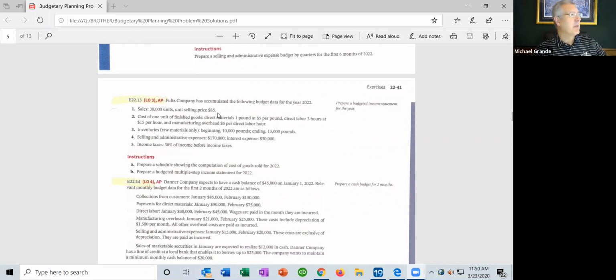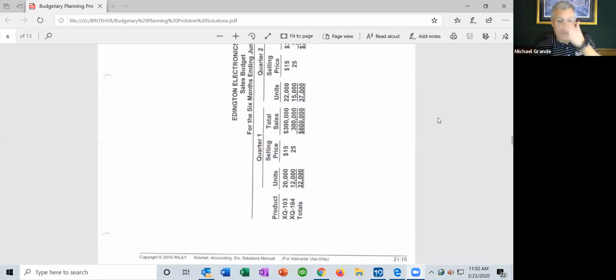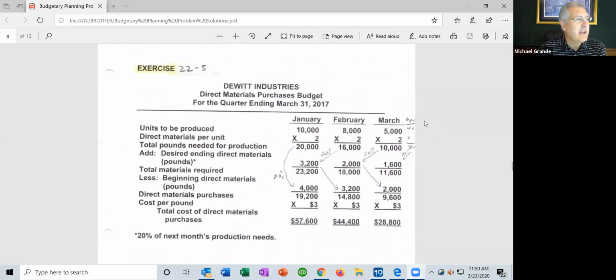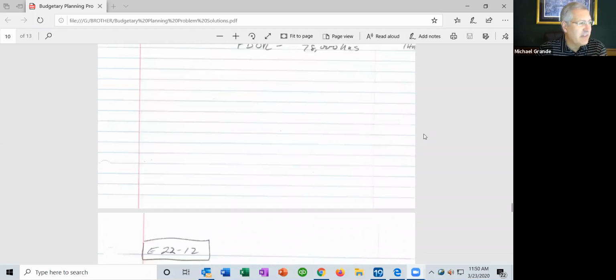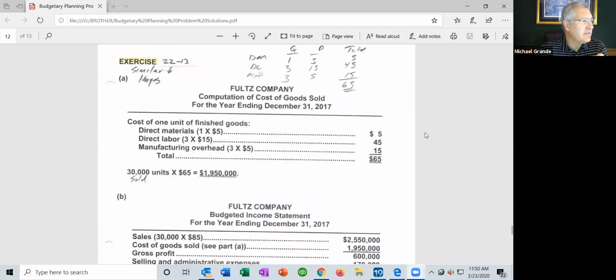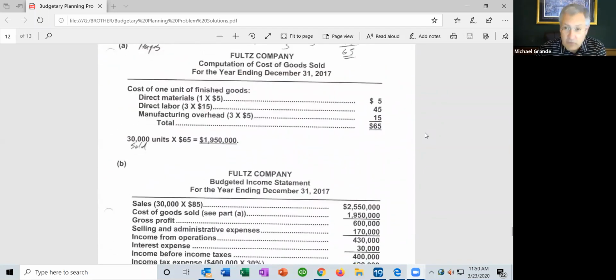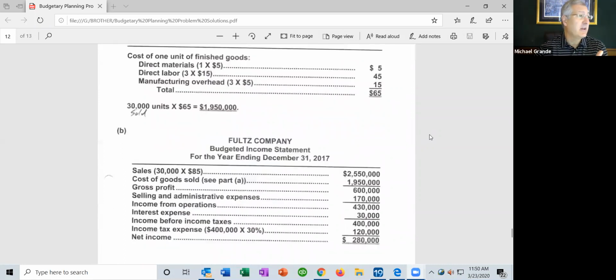We'll get to that in a minute. But they're selling 30,000 units. Please remember the matching principle. If they're going to sell 30,000 units, the cost of goods sold also has to be based on 30,000 units.